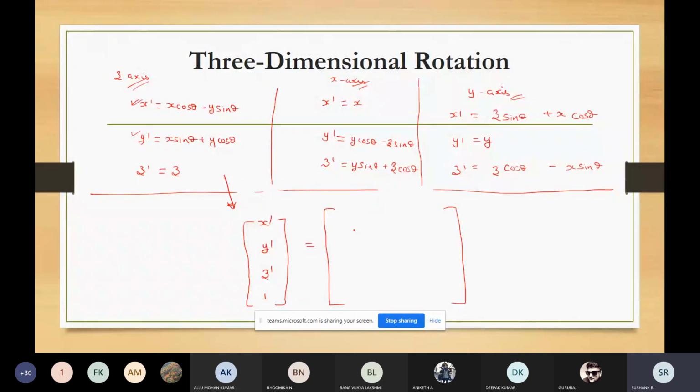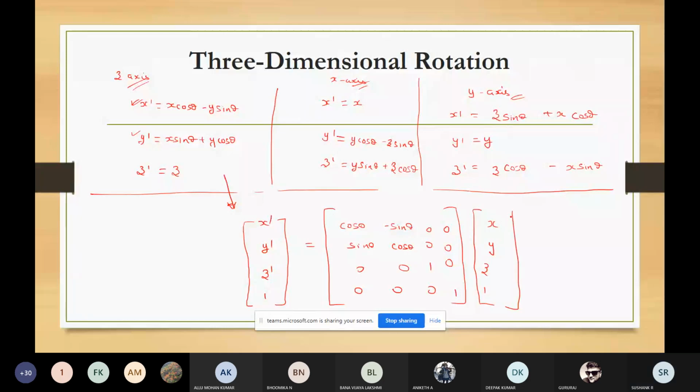So the same thing, cos theta, minus sin theta, again here sin theta, cos theta. After this, the two diagonal entries will be 1, 1. The other parameters will be 0. So this is how it is represented.